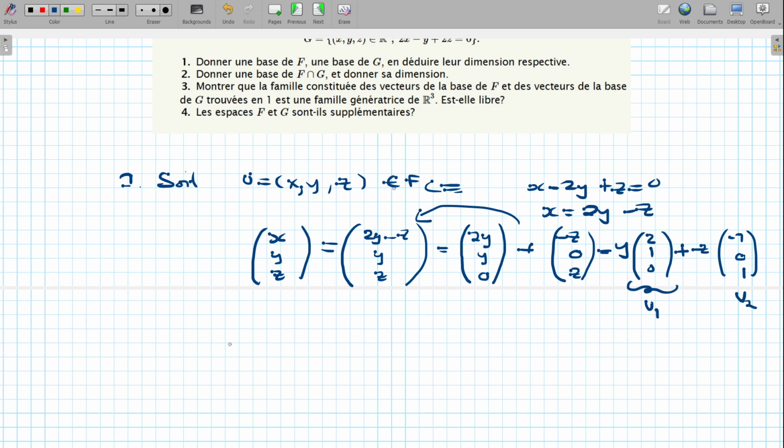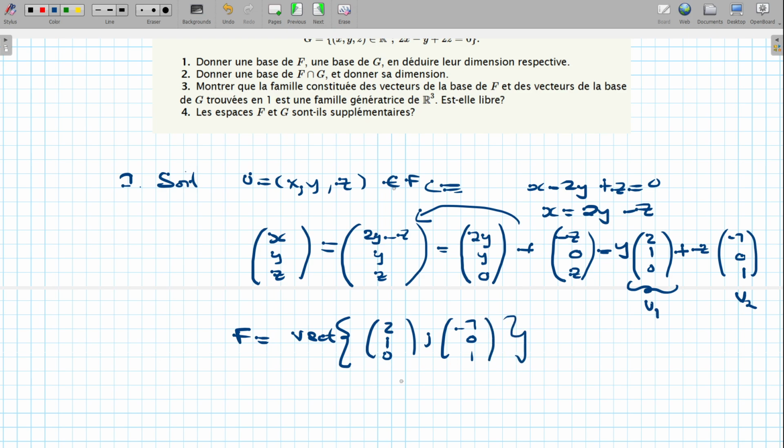So this means that actually F is going to be equal to Vect of these two vectors, because our choice of this vector u is arbitrary. The first vector is 2, 1, 0, and the second is minus 1, 0, 1.